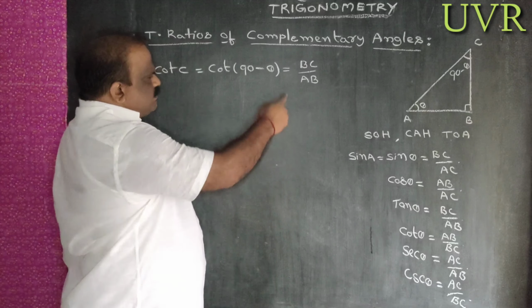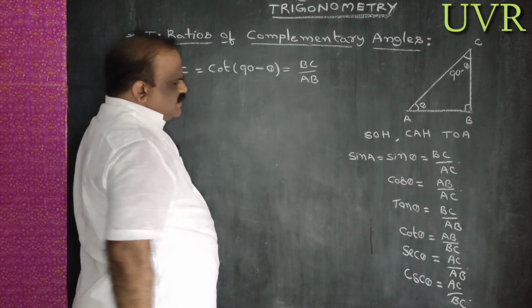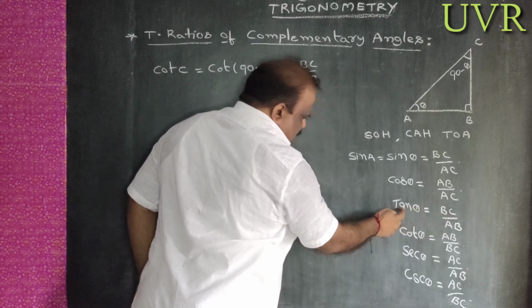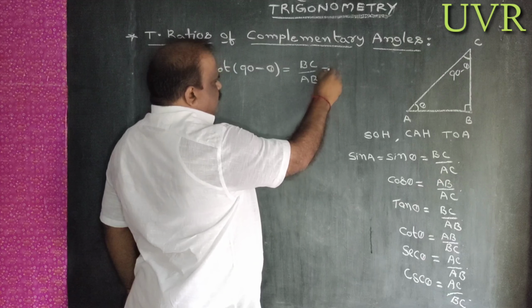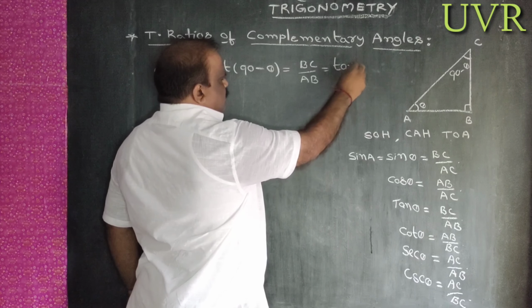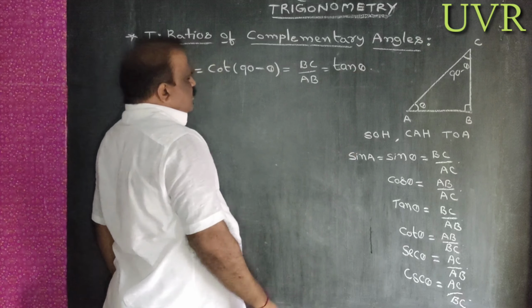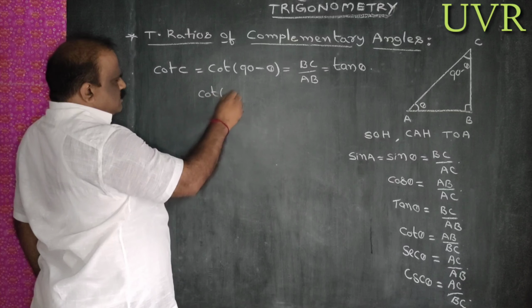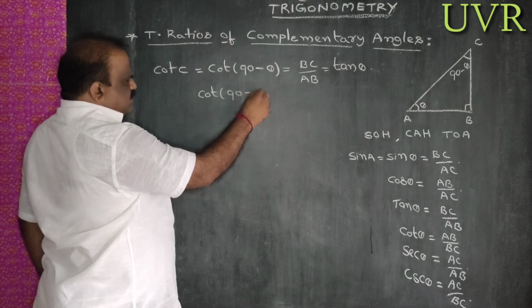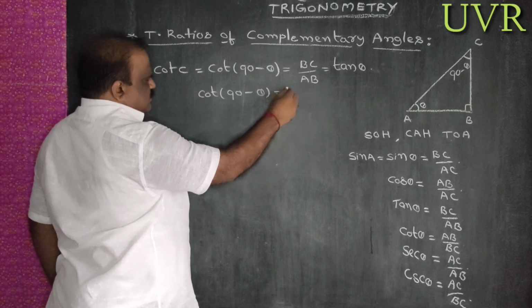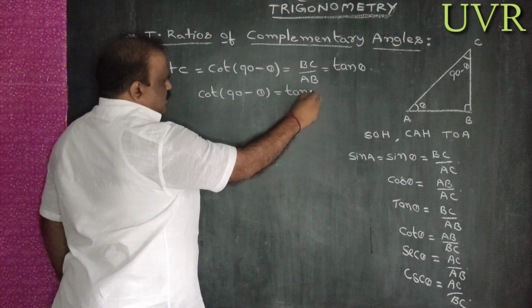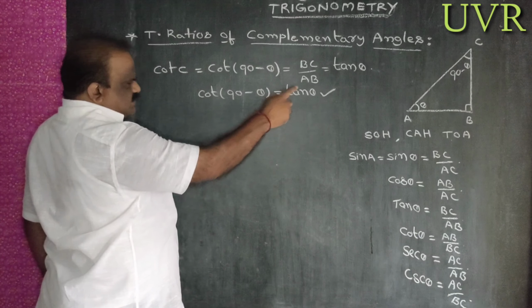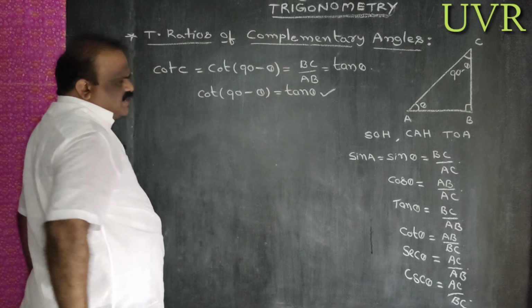So here BC by AB is equal to tan theta. From above, cot 90 minus theta is equal to tan theta.